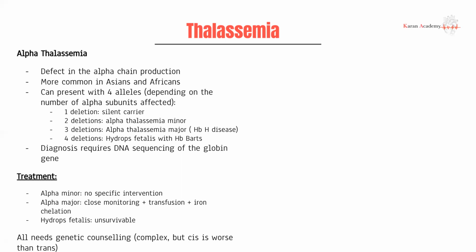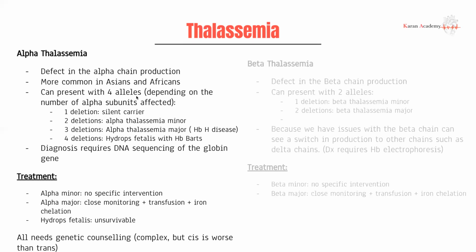So the cis is when you have both on one side, trans is when you have one on each, and trans is considered to have a better outcome, although that's very niche knowledge that's not expected of you.